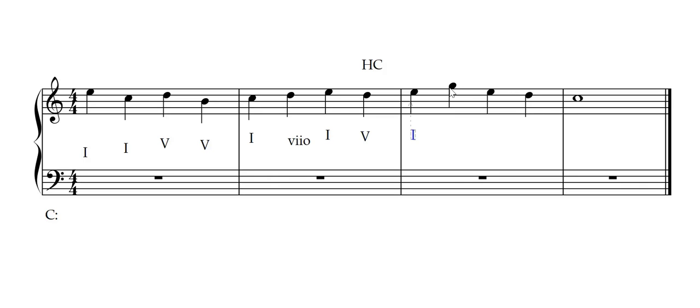Now we have a choice to make, right? This G could either be part of the 5 chord or it could be part of the 1 chord. So let's think about what it would mean if it was 1. If we had 1, 1, this E would have to be 1, and then the D is probably going to be 5 to come into that perfect authentic cadence there.